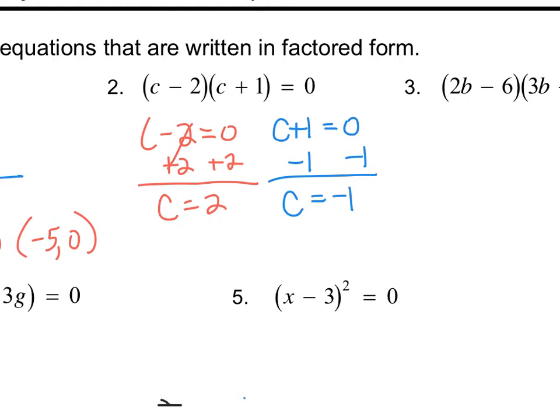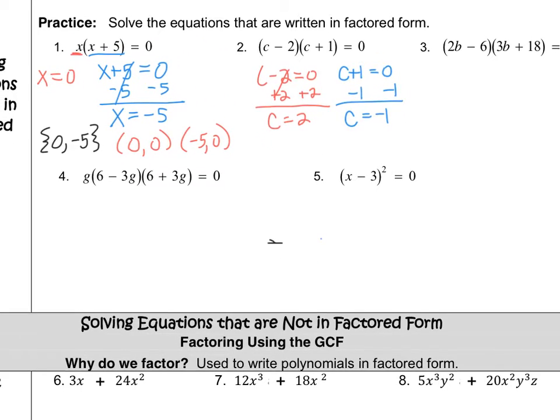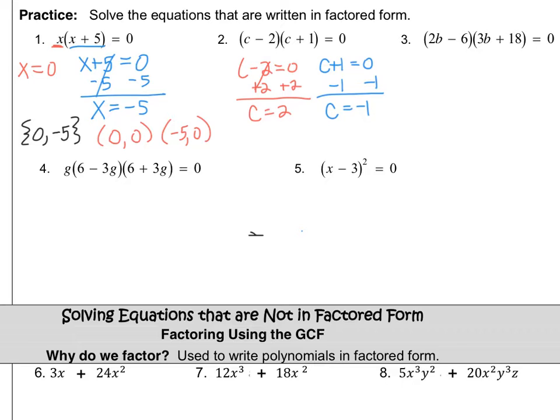Okay, you shouldn't have had any problems coming up with c equals 2 and c equals -1. I'm going to let you get some practice on doing number 3, 4, and 5 on your own. But before you pause your video, a couple of words of thought. On number 4, you're going to have 3 factors, so 3 equations equal to 0.